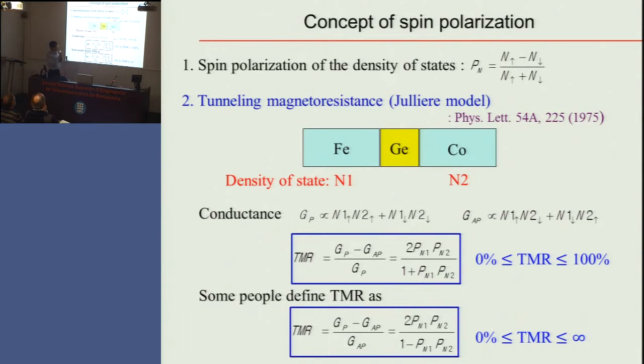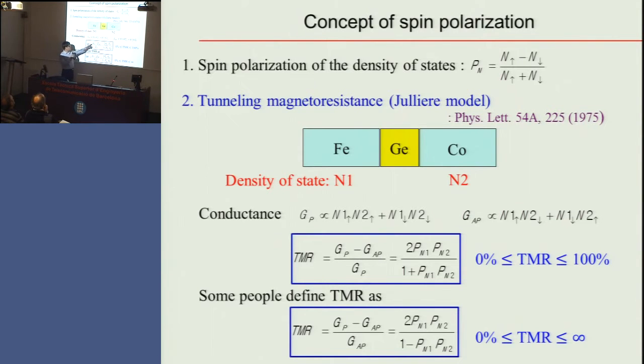So TMR is actually determined by the conductance difference this way: parallel state conductance minus anti-parallel state conductance, divided by parallel state conductance. That gives us the TMR value in experiment.